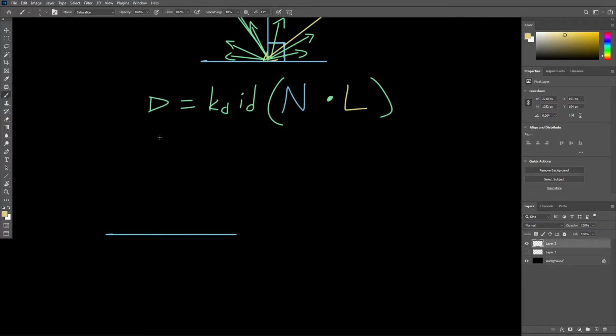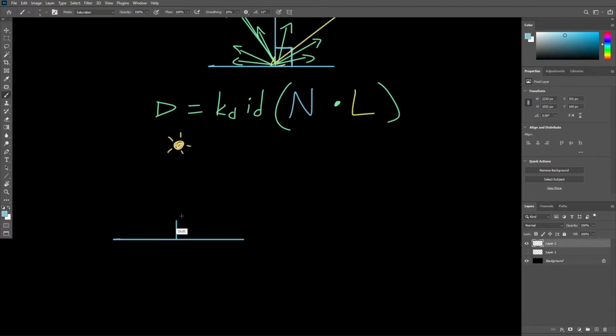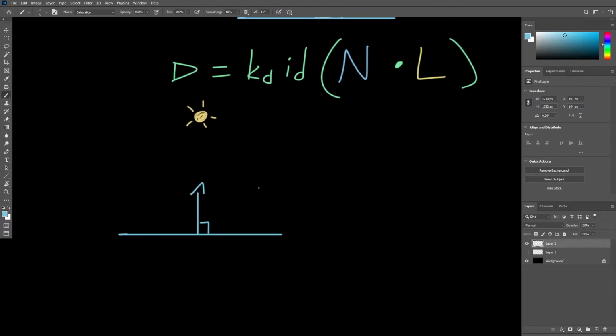Let's start with our light source directly overhead, and then we can just include the surface's normal vector there just so it's clear. So if our light source was directly, think of it as being perpendicular to that surface, how bright would you expect that surface to be? How much should it be illuminated?